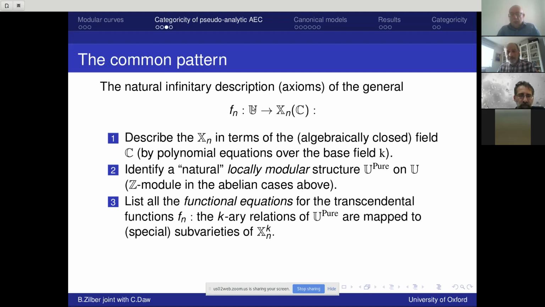So once you have identified this combinatorial algebraic structure here, in this natural description, you then tell how this function relates, for example, linear relations here with whatever appropriate relations are here.